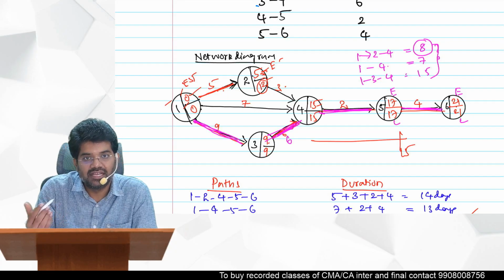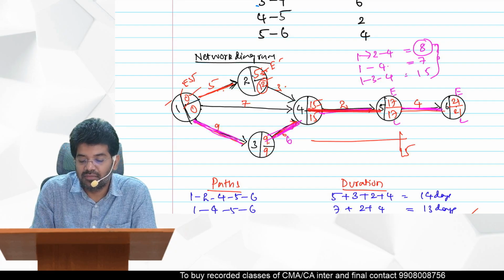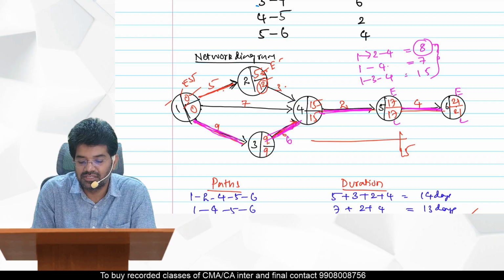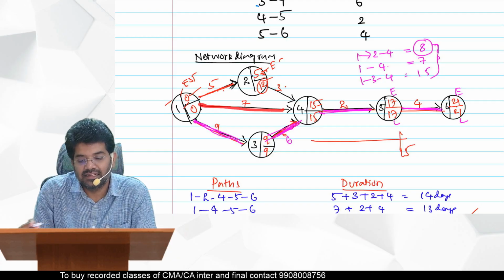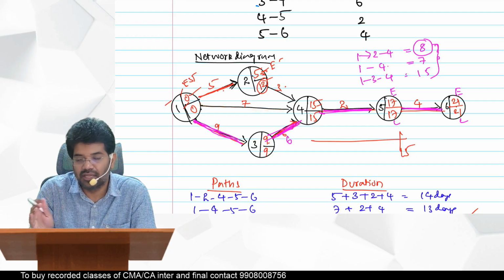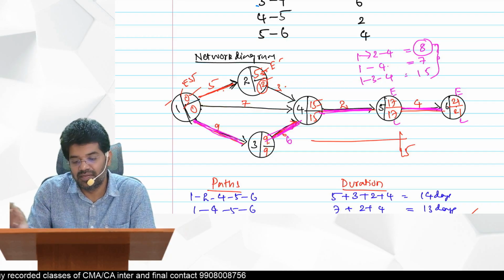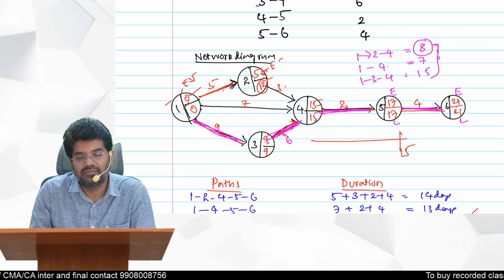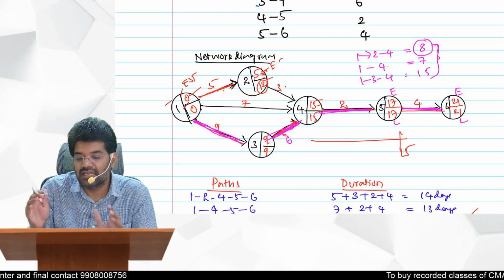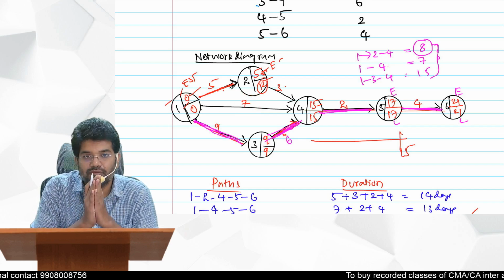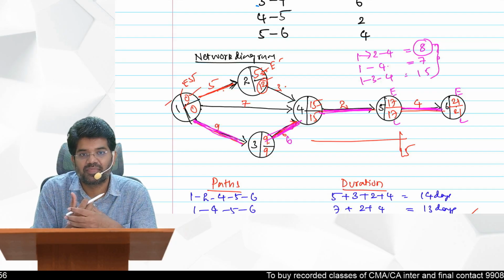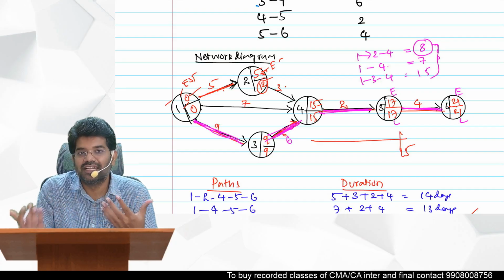If you utilize that 8 days, it is not going to affect my earliest start time of 4 to 5. Is it affecting? No, because if you wait 7 days and then are idle for 8 days, and then complete by 7 days, still 4 to 5 can start on time. So that means that 8 days, if you utilize it, will not affect. So that is free float. For this 1 to 4 there is no interfering float.